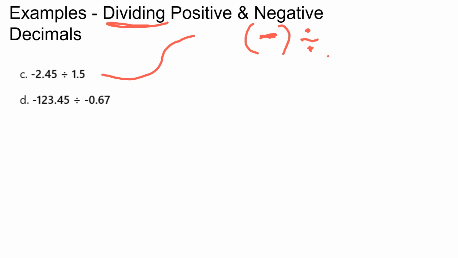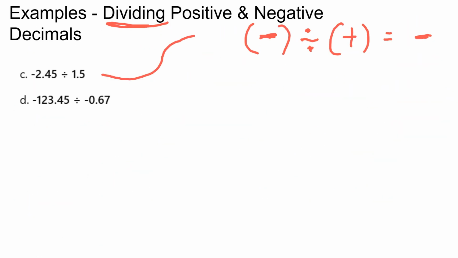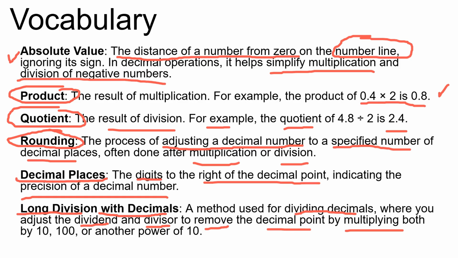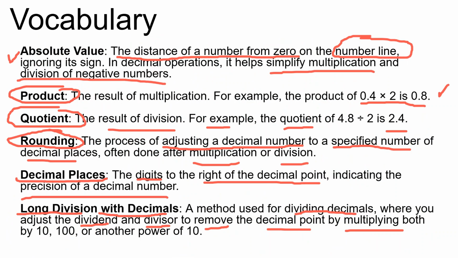So negative divided by positive. Of course we can directly say that the answer is negative. Let's look at our sign rule. Negative divided by positive. Here it is. Yes, it's negative. Negative divided by positive is negative.